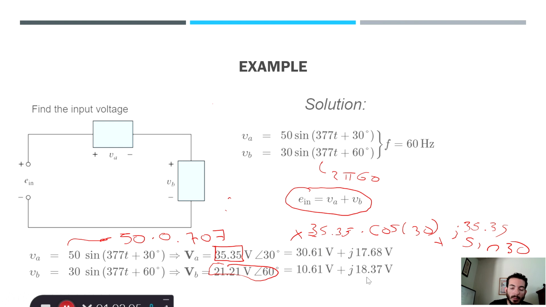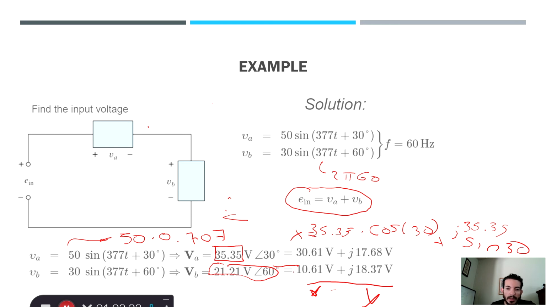Then the Y component is 21.21 sine of 60. Now it's very easy to add these two together, because the only thing we have to do is add the real part to the real part, and the imaginary part to the imaginary part.